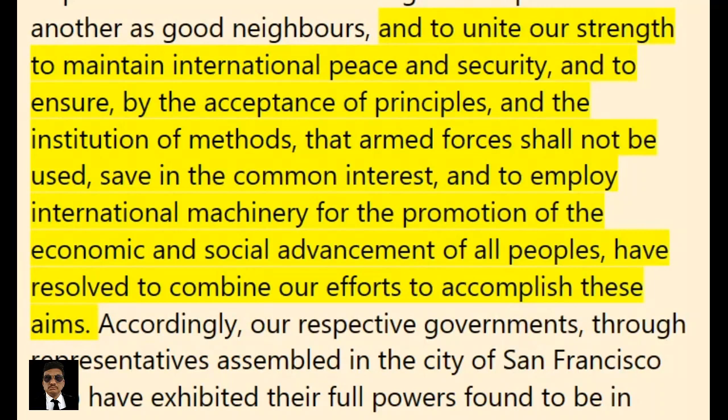and to unite our strength to maintain international peace and security, and to ensure, by the acceptance of principles and the institution of methods, that armed forces shall not be used save in the common interest, and to employ international machinery for the promotion of the economic and social advancement of all peoples, have resolved to combine our efforts to accomplish these aims.